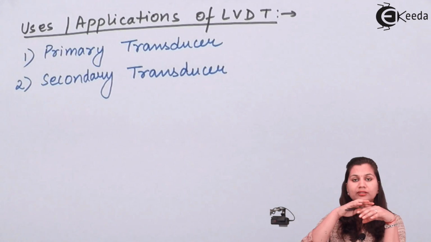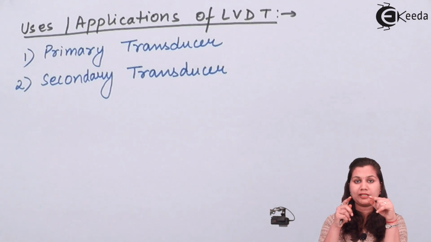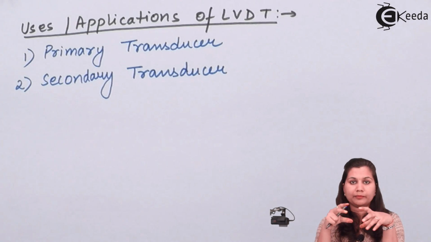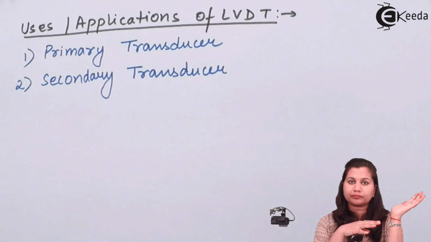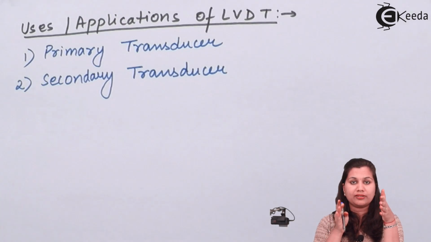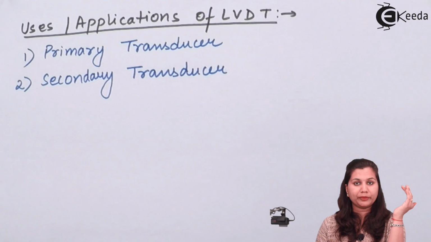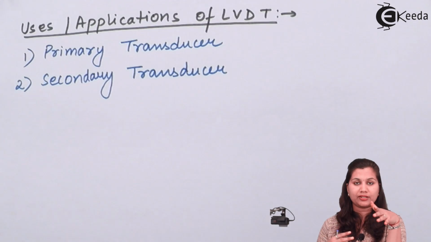Due to the pressure, a displacement is caused in the Bourdon tube, and this displacement affects the displacement of the iron core in the LVDT, and due to that a voltage is produced. So we are measuring the pressure changes by measuring the output voltage. LVDT can also be used for the measurement of force, pressure, weight by using it as a secondary transducer.